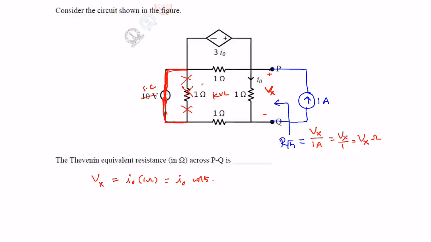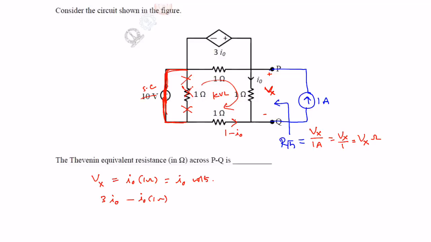Again apply KVL in the same direction: 3I0 minus I0 into 1 ohm, and this current will become 1 minus I0.